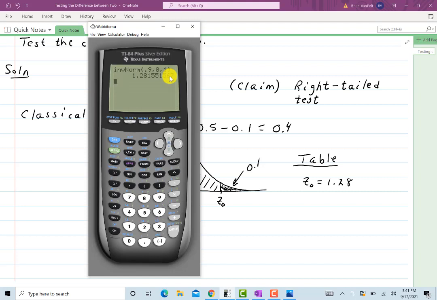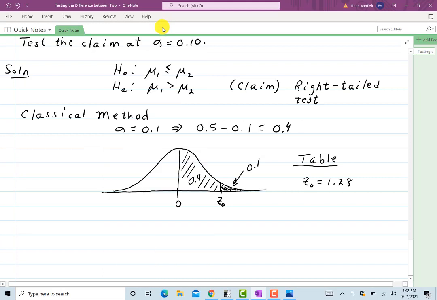I don't know if it's figuring out the mathematical computations behind the scenes or simply pulling information out of a table, but whatever it's doing, your calculator will give you more decimals of accuracy than the table.